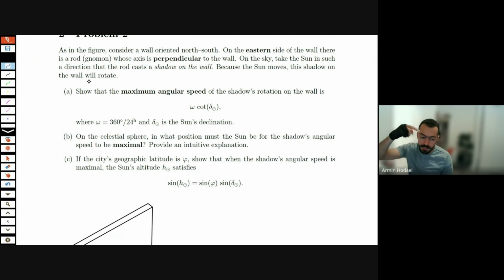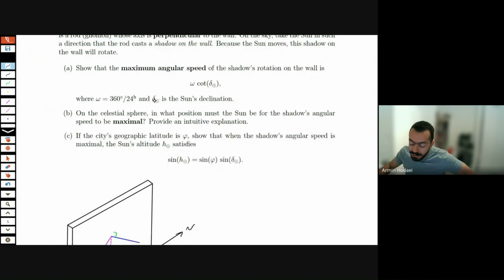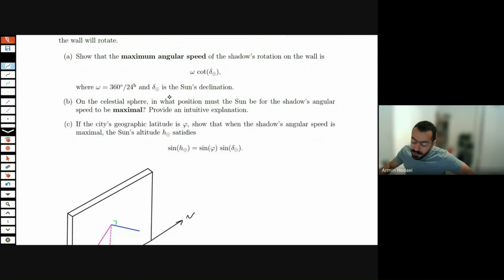A, show that the maximum angular speed of the shadow's rotation on the wall is going to be omega times cotan declination of the sun, where omega is 360 over 24 hours, and declination is the sun's declination. So this is the first part of the question.